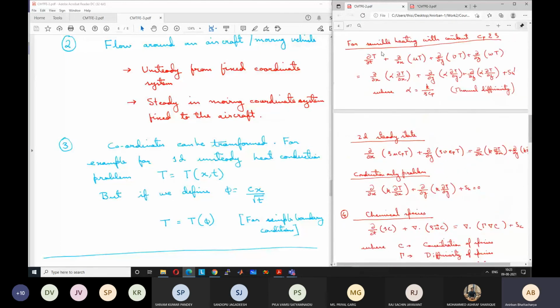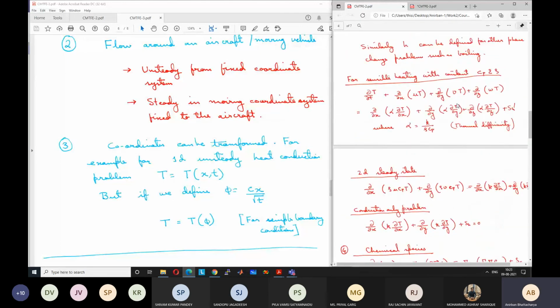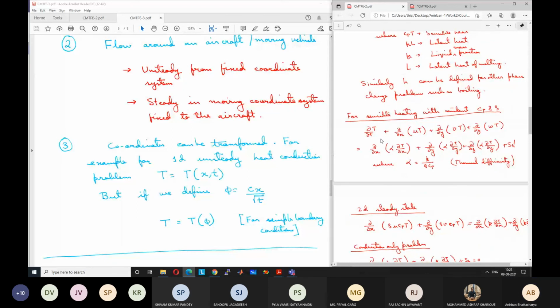If it is 1D, you will have del T by del t equals, heat conduction, so no convection is there, del by del x of alpha del T by del x. Okay, something like that. So T will be a function of x and time t, small t. Temperature will be a function of x and small t. Okay, it's a 2D problem. Means although it's a 1D problem, there are two independent variables. The time variable is there.